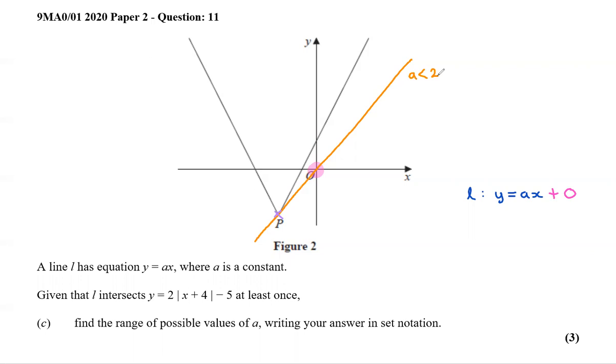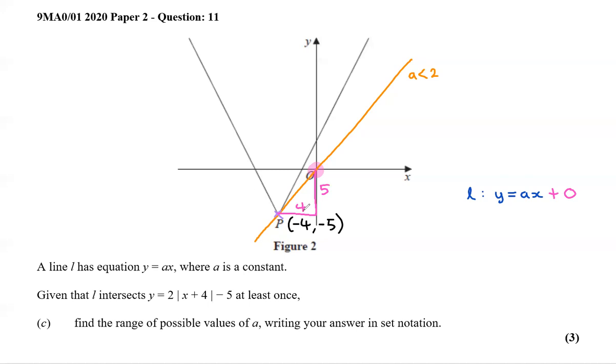Now, if you remember from earlier, we found that P was at the point -4, -5. So this tells us something important about this gradient of our line y equals ax. So in terms of distances, we have 5 units down, 4 units across. So we know A has to be strictly less than 2, otherwise we won't have any points of intersection.